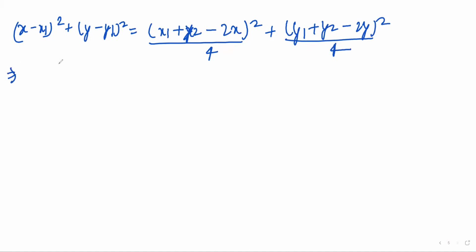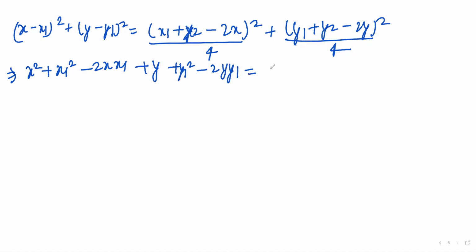So expand this equation and you will get the answer. So it is x square plus x1 whole square minus 2x x1 plus y square plus y1 whole square minus 2y y1 is equal to x1 whole square plus x2 whole square plus 4x whole square, right?